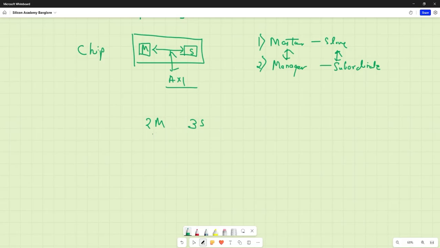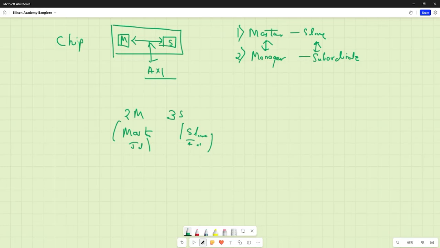So we need additional information, such as a master ID and a slave ID. With this information, we can establish a connection between multiple masters and multiple slaves.